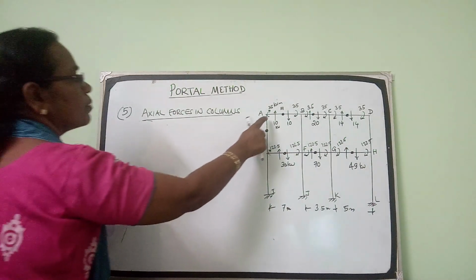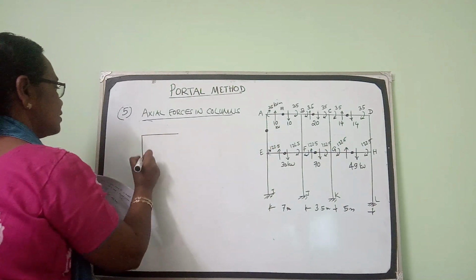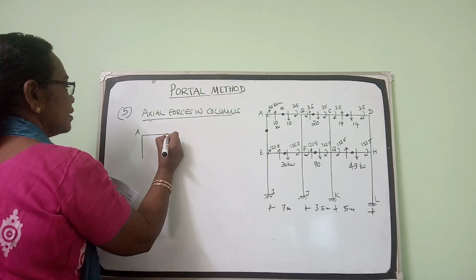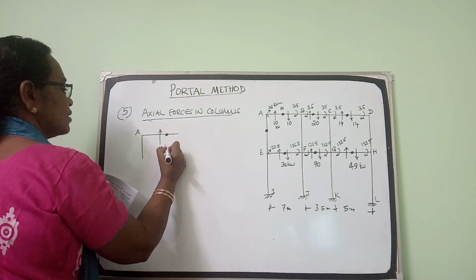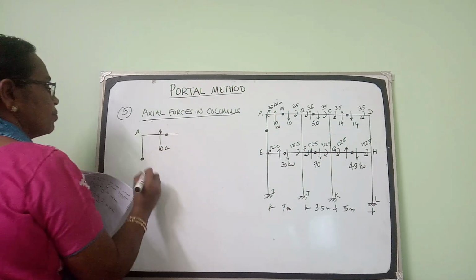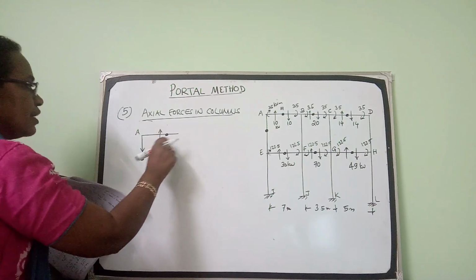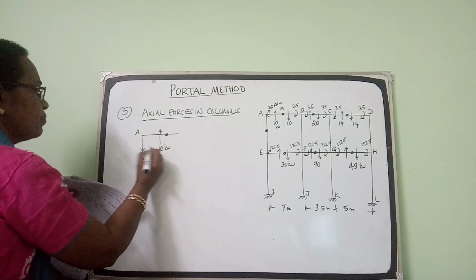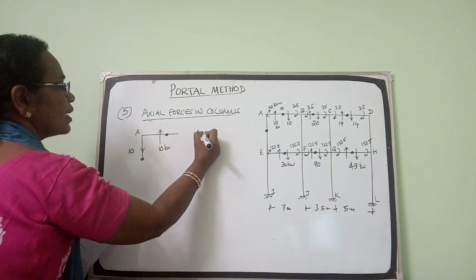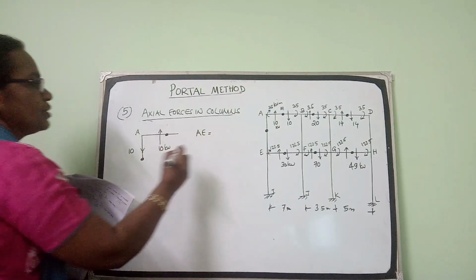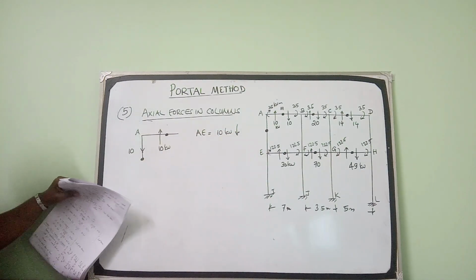So axial force in column AE. If you come here, consider this joint A. In the beam, the shear force is 10 kilonewton. So if you consider this point, the axial force in the column should be opposite to that. In order to have vertical equilibrium, the axial force in column AE should be equal to 10 kilonewton downwards.